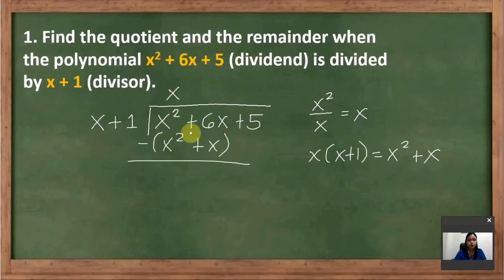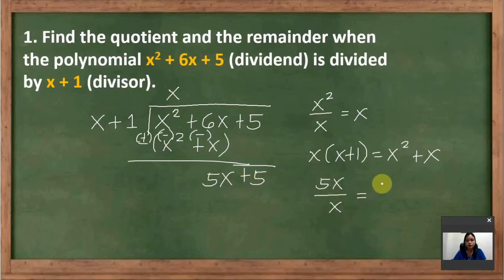If you will recall, this becomes plus and this is minus. This becomes negative or minus. So this is 0. 6x minus x is 5x. Then bring down plus 5. So next is to divide again the first term of 5x plus 5, which is 5x, by the first term of the divisor, which is x.